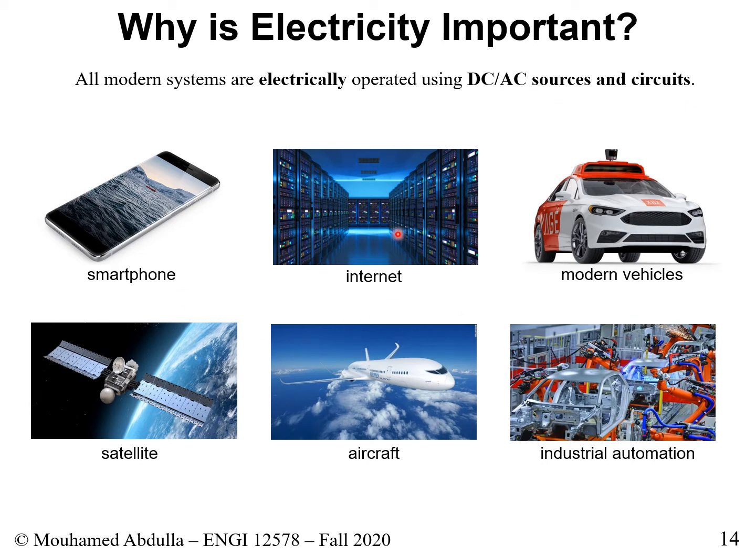From your smartphone to the internet, the servers, to modern vehicles, electric vehicles, connected vehicles, satellite systems, aircraft, industrial automation, and others. These are just some examples, and as you notice, they all operate on some form of an electric circuit. And so understanding electricity is extremely important. It's like the air that you breathe.